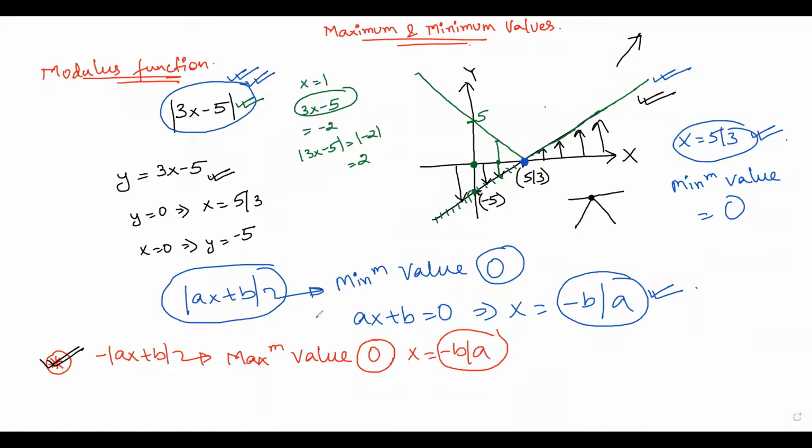So in such cases, the modulus function will attain a maximum value of 0, and the point at which it will attain the maximum value would be the same, that is at x equal to -b/a. So if the modulus function is of the form |ax + b|, it will attain a minimum value of 0 at x equal to -b/a, whereas if the modulus function is of the form -|ax + b|, it will attain a maximum value of 0 at x equal to -b/a.